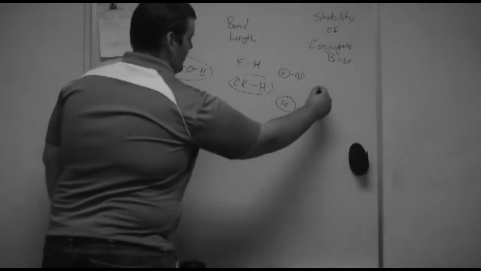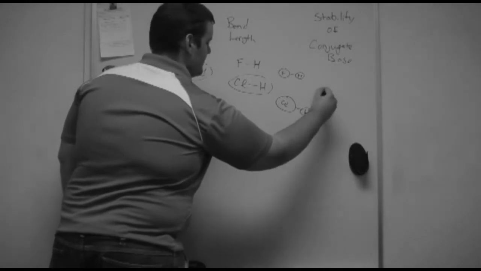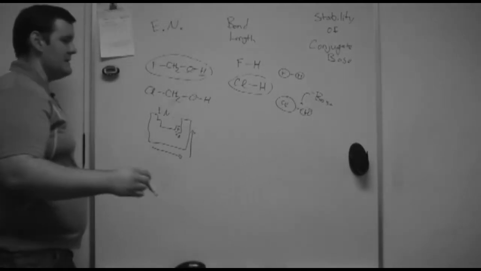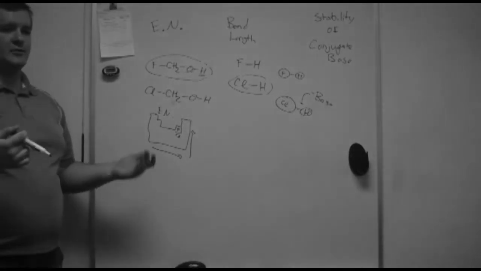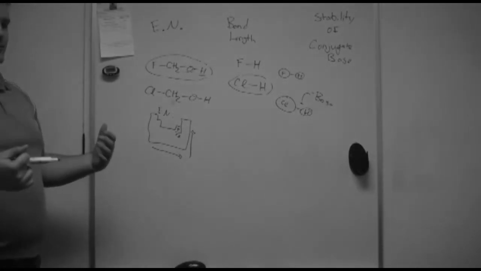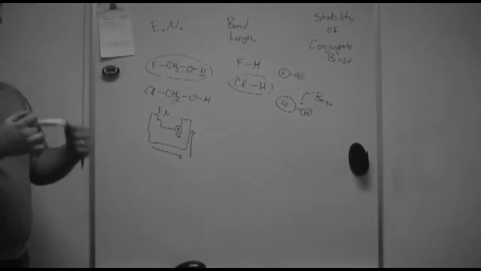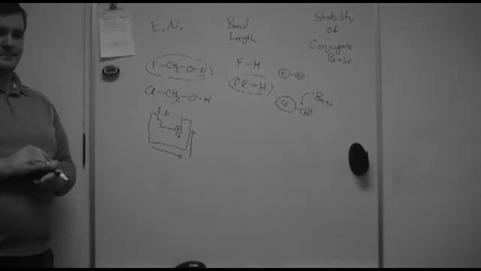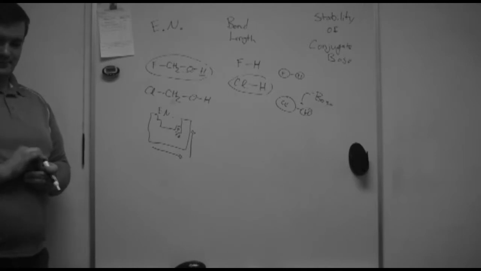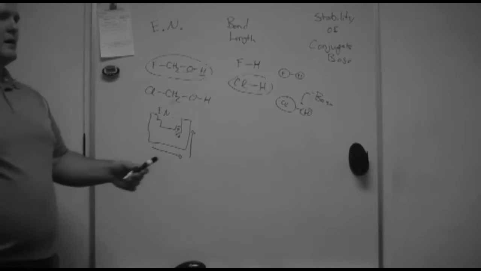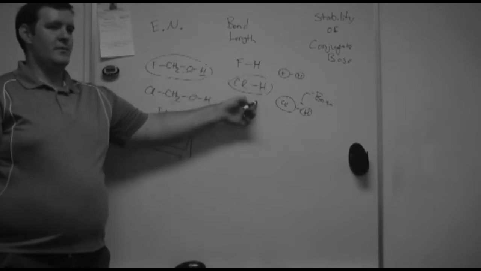Here, if a base comes along, and a base is negative, and says, hey, I want a hydrogen, this one is going to be a lot easier, because the chlorine's not going to really notice this hydrogen leaving. It's not going to really care. This hydrogen, because it's smaller and the fluorine's small, is going to be held really tightly. Does that make sense? And here you're comparing hydrogens bonded directly.